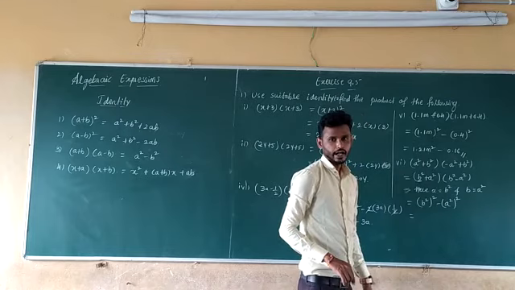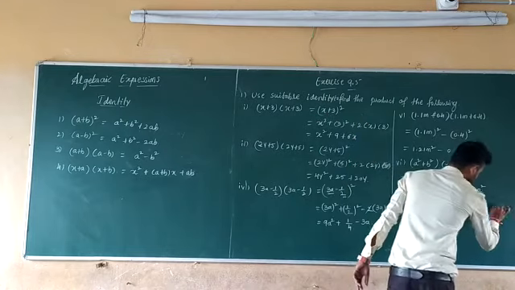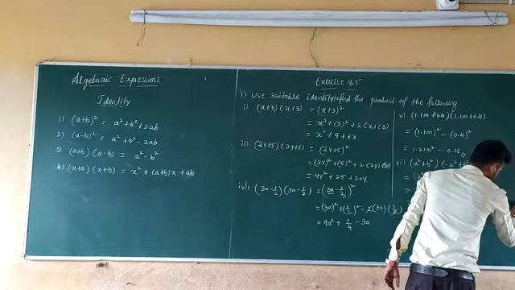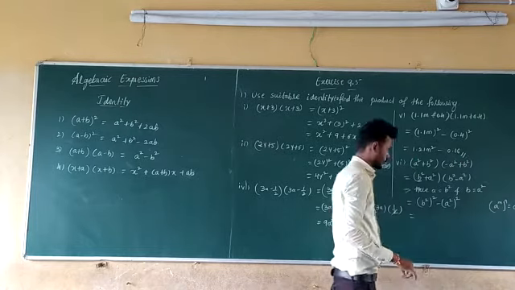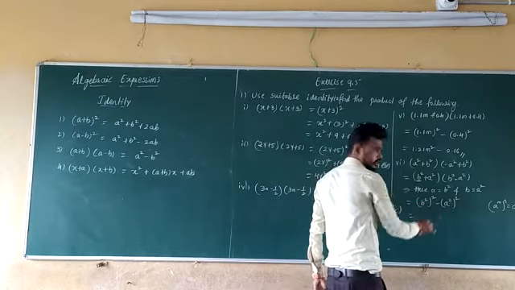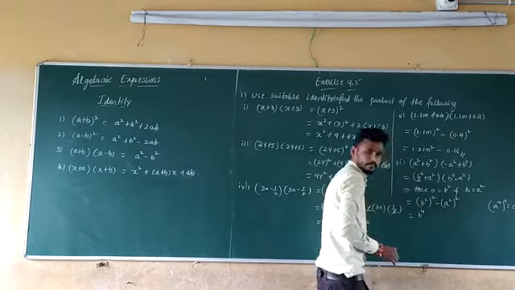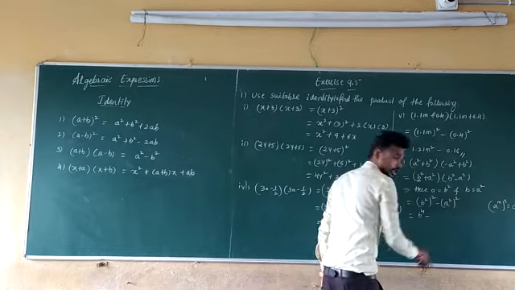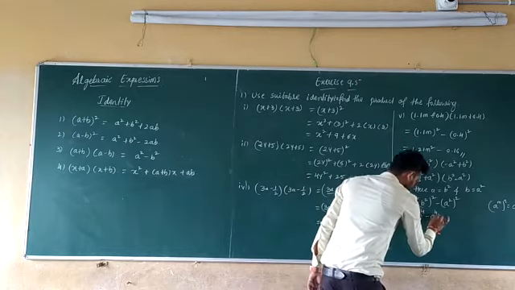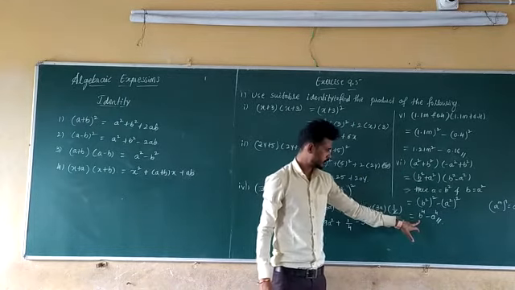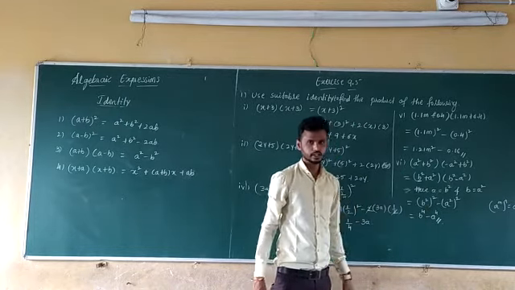Law of exponents: a raised to m whole raised to n is equal to a raised to m into n. So b square whole square, 2 2s are 4, you will get b raised to 4 minus a raised to 4. So the answer of the sixth question is b raised to 4 minus a raised to 4.